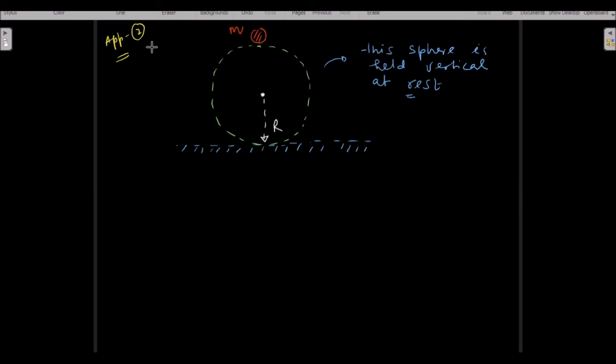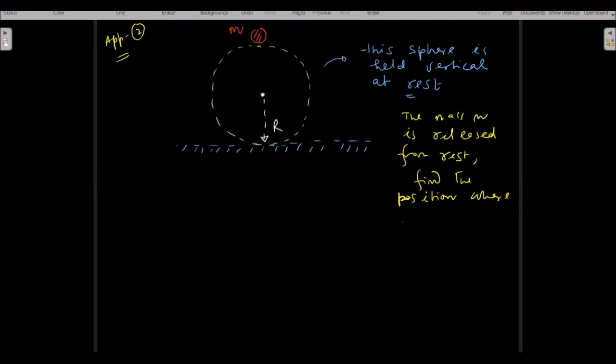So the question is, the mass m is released from rest. Find the position where it will lose contact with the surface.